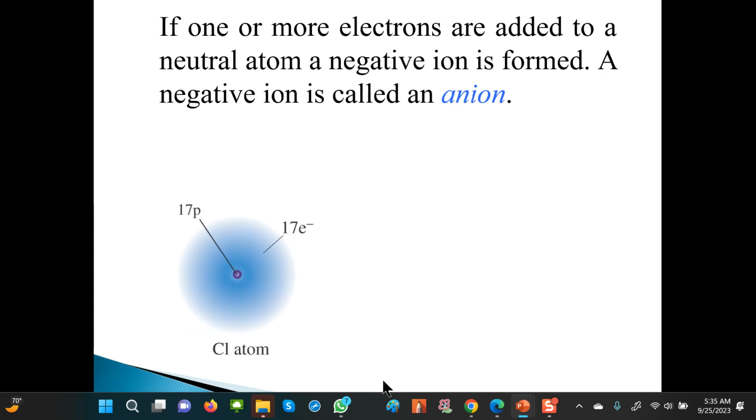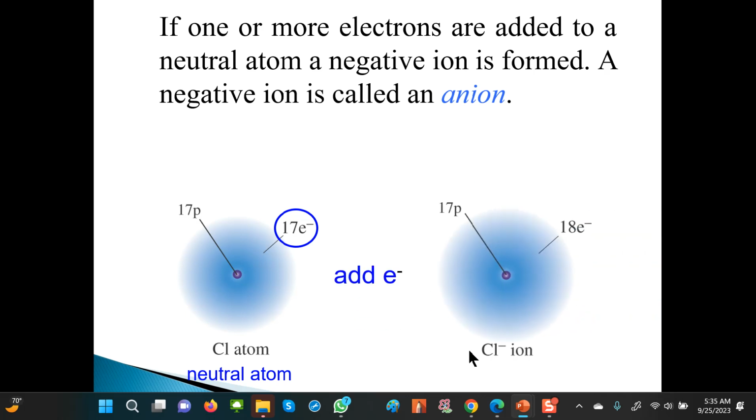Just to give you an example, the chlorine atom has 17 electrons and 17 protons. Being a neutral atom, the number of electrons is equal to the number of protons. Now the chlorine atom can end up with an additional electron, and when that is added, the resulting structure will have 18 electrons and 17 protons.